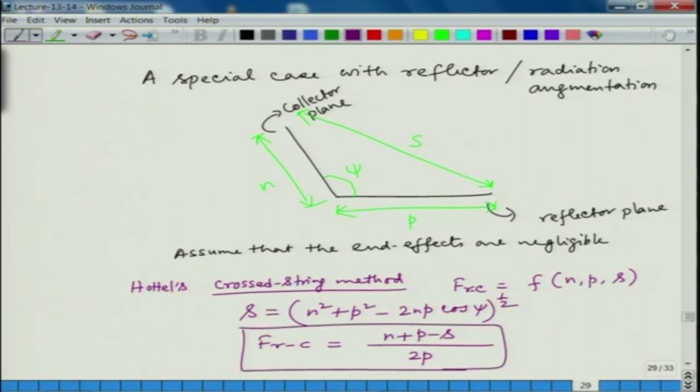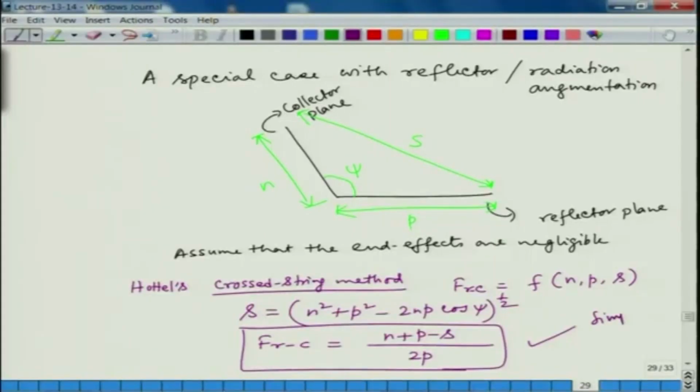So, that is how for a long panel of solar collector with radiation augmenter, we have FRC little simplified compared to looking at the chart, that is n plus p minus S divided by 2p. This is the simplification for a two dimensional long array of collector.